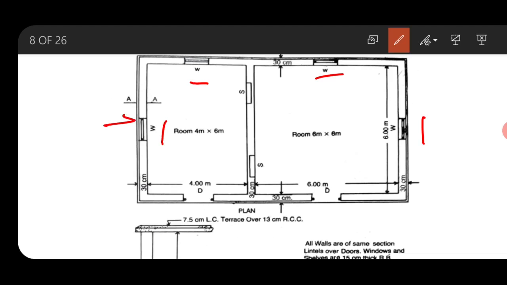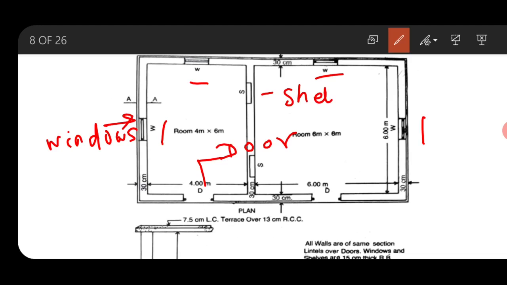These are the windows. This D represents the position of door. This S represents the position of shelves. That means at these portions there is no brickwork.